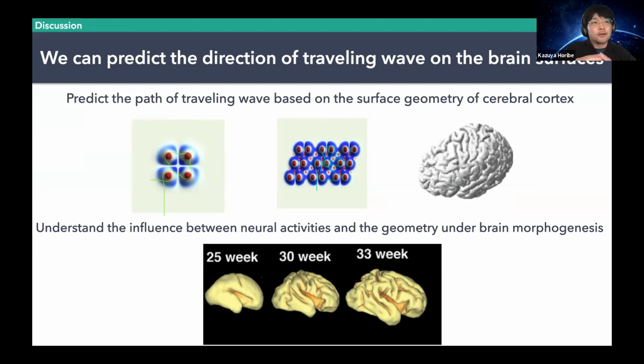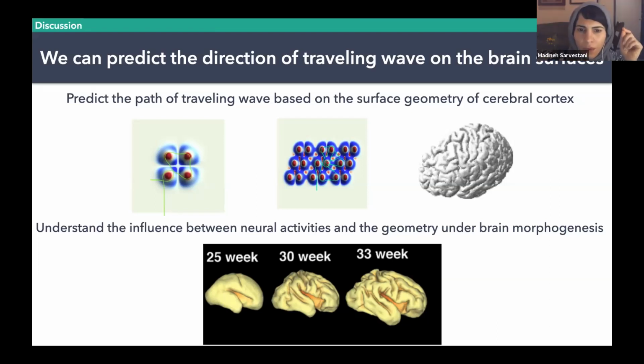So most neural activity occurred on the cerebral cortex and makes the gyri. So in the very early development stage, this surface neural activity is dominant. After that, we should think about the neural connectivity.